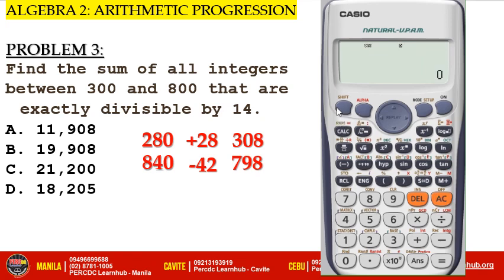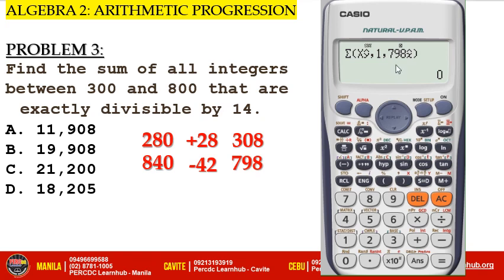Press AC lang natin, shift, ayan, and then X, and then shift 1, 5, and then 5, ayan. And then from 1 to 798 x hat. That will represent as the last term ng set natin between 300 and 800.